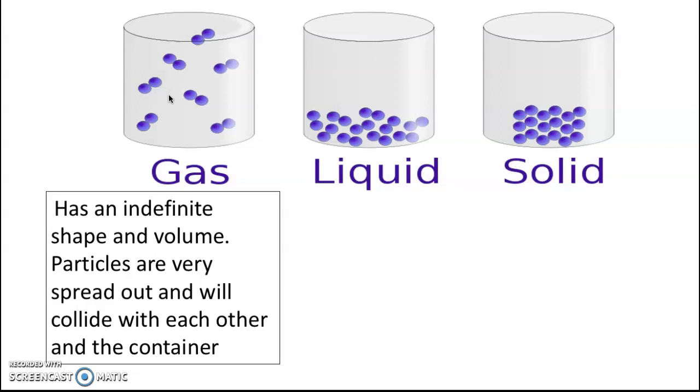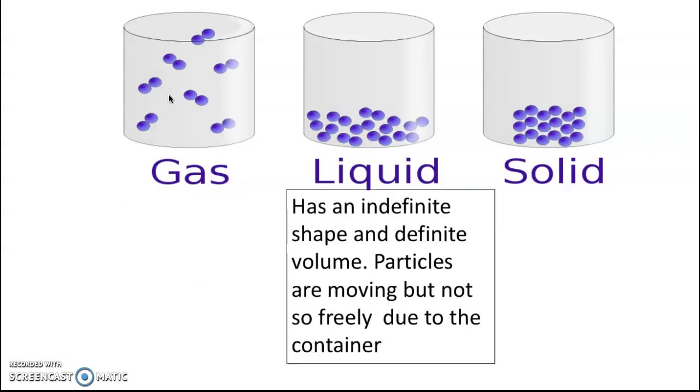All right, and then when we talk about liquid, you notice the particles are a little bit closer together. So here we go. Has an indefinite shape and definite volume. Particles are moving, but not so freely due to the container.